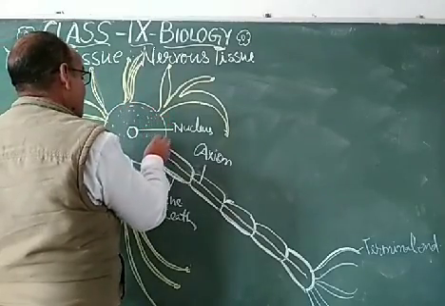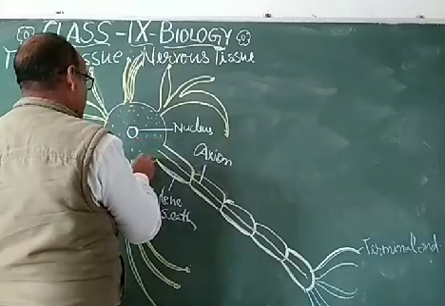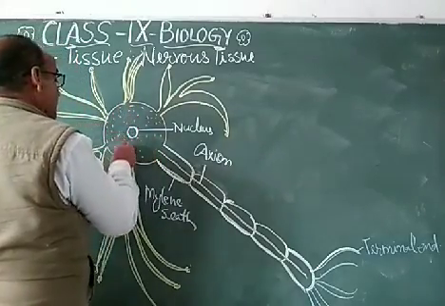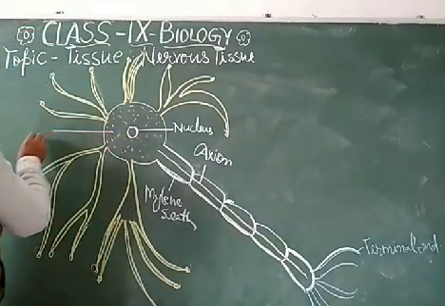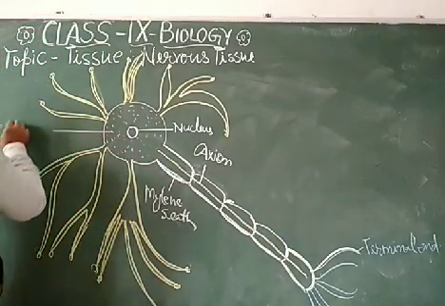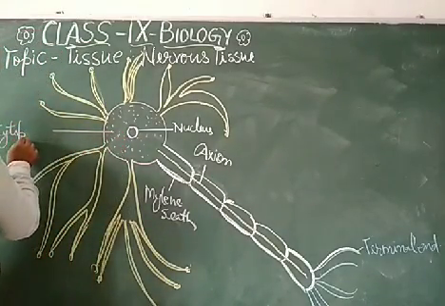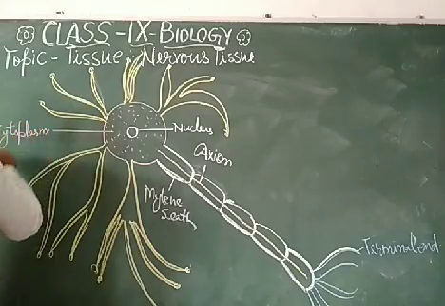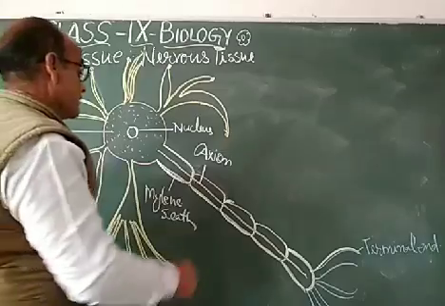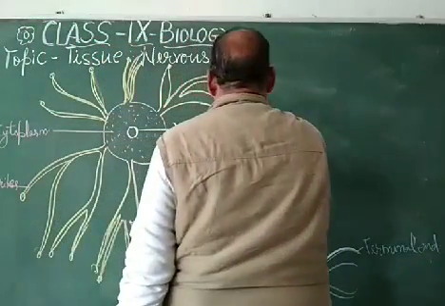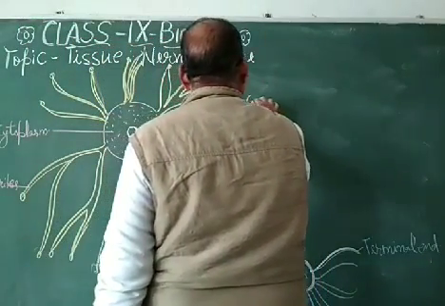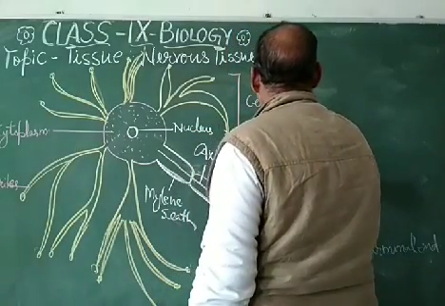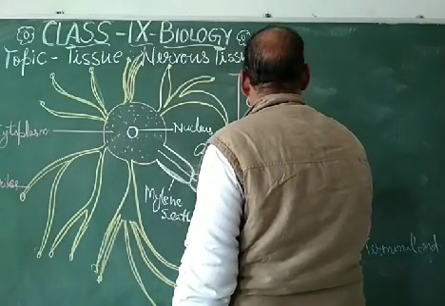So cytoplasm is filled in the cyton. This is cytoplasm, and this upper part, this cell body, is called cell body or cyton.